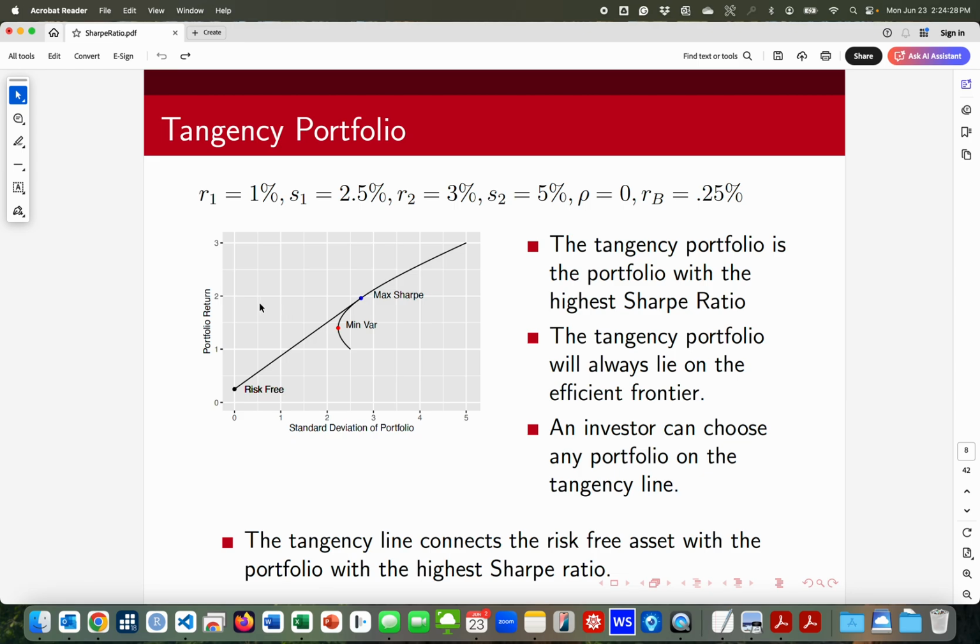So what we're thinking here is this, let's just call this 2%. So if the tangency portfolio has a return of 2%, the bond has a return of 0.25%, this investor can choose any return they want between 2 and 0.25 as long as it's on this segment that connects the tangency portfolio to the bond. So if they want a 1% return, they can come over. Well, they have to accept whatever level of risk comes with that 1% return.